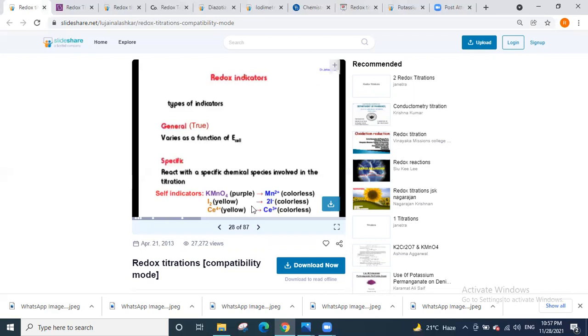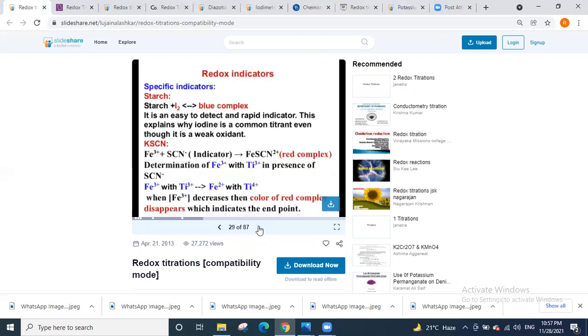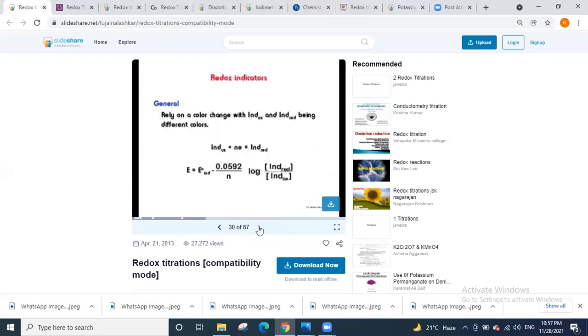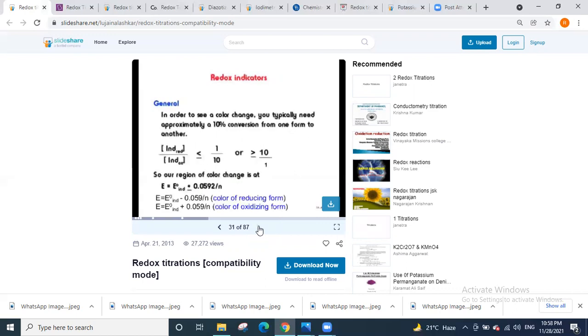The second type of indicator is called the internal indicator. As the name indicates, it must be added in the reaction flask, and it has different colors in its oxidized and reduced forms, depending upon the concentration.